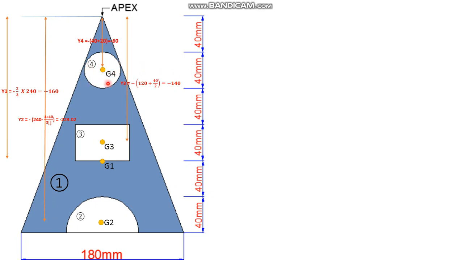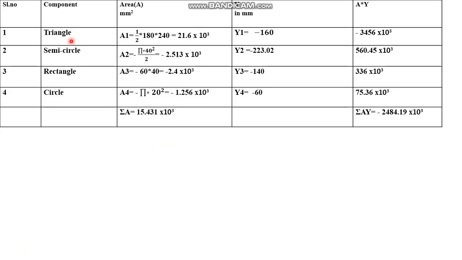This is the area for the fourth one. So substitute everything: the area of the triangle is half into base into height, the semicircle is pi r square by 2, the rectangle is 60 into 40, and the circle is pi r square. Out of these, a2, a3, a4 are negative areas and a1 is a positive area. Calculate that.